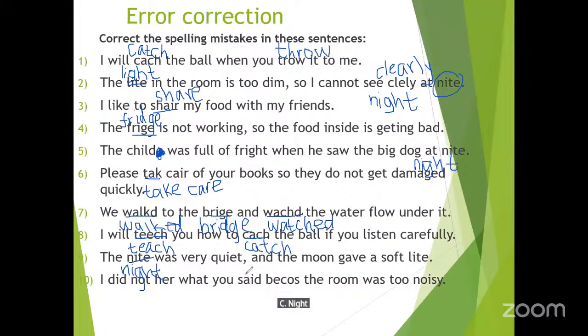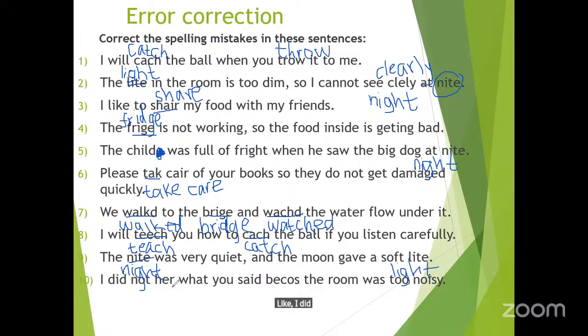The night was very quiet and the moon gave soft light. Light, L-I-G-H-T.